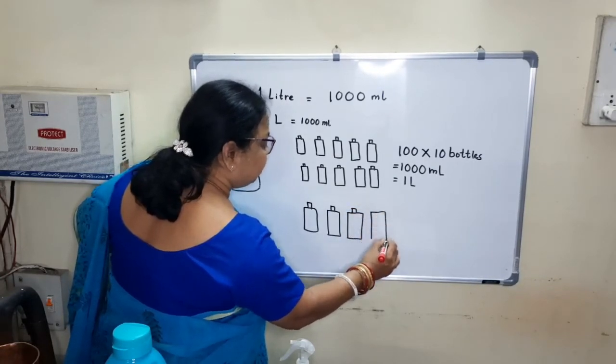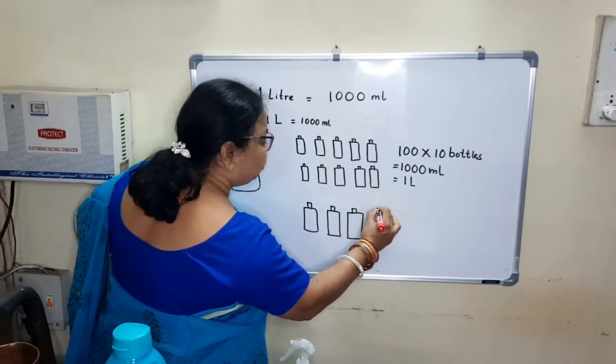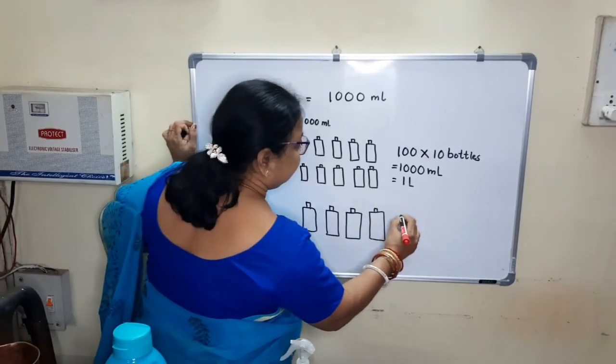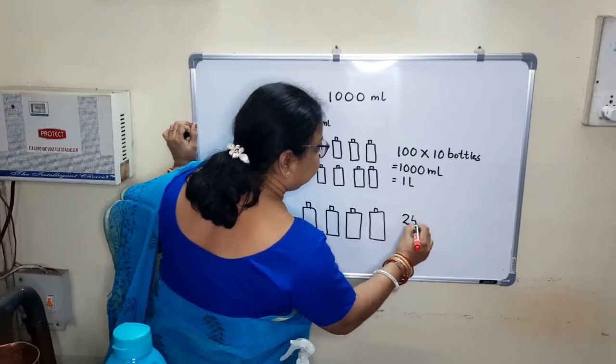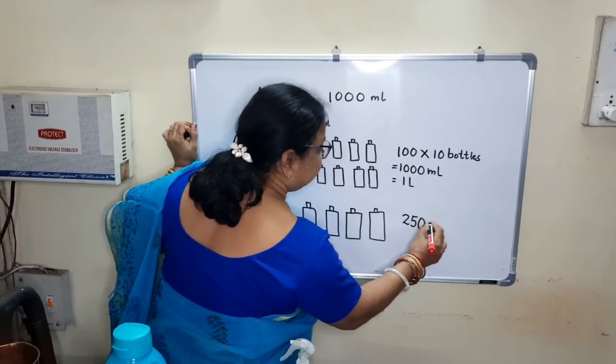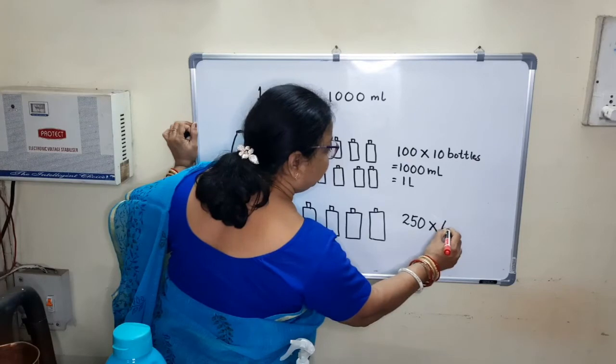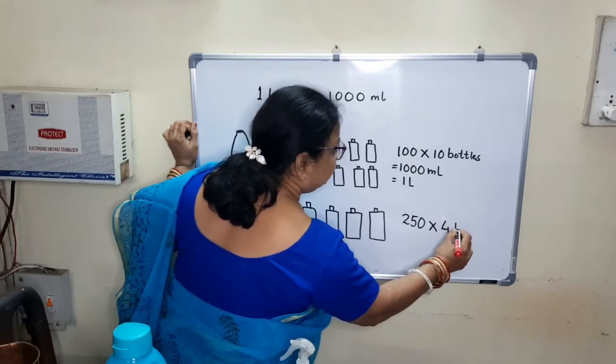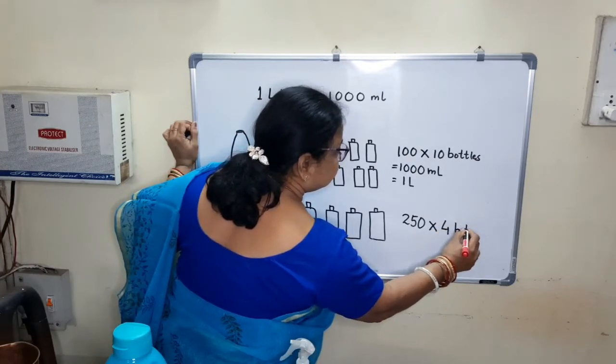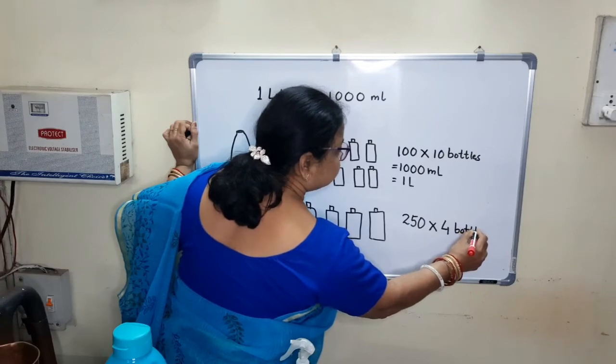How many bottles? 4 bottles of 250 milliliter. That means children, 250 milliliter into 4 small bottles, small containers.